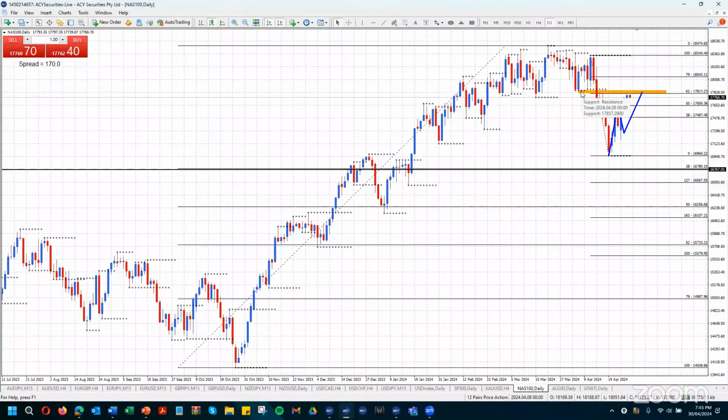So this is the area that we broke to move down. Is this area now going to be resistance to move down to that all-time high? If you can see a setup on a lower time frame to prove that it's turning, I think that would be the way to go in that area.